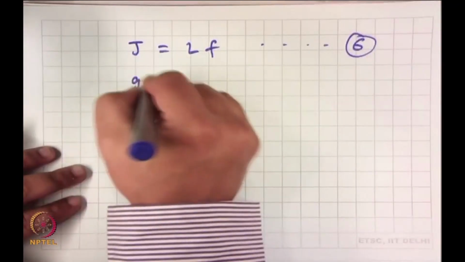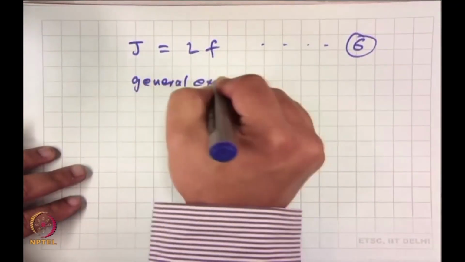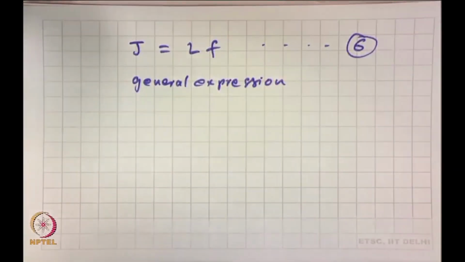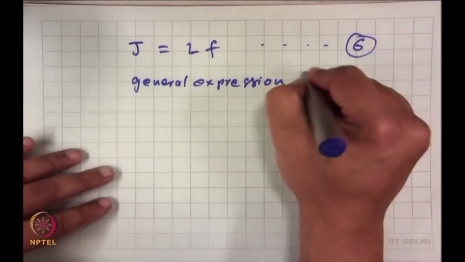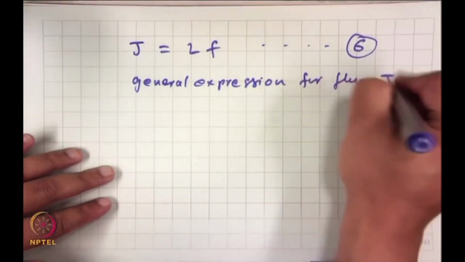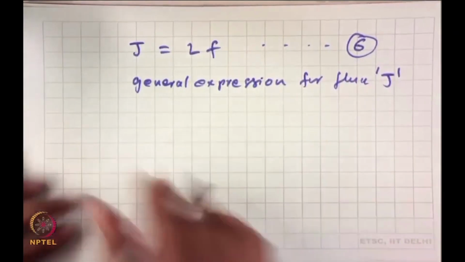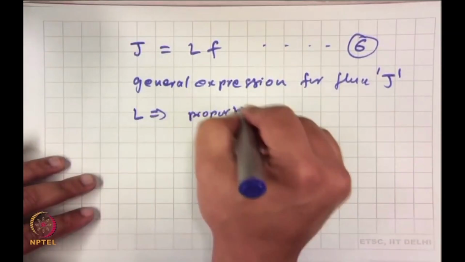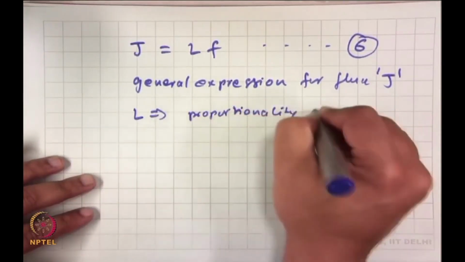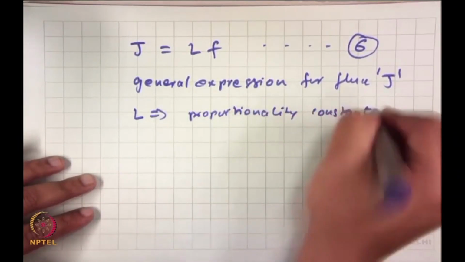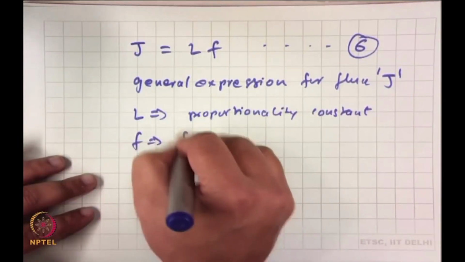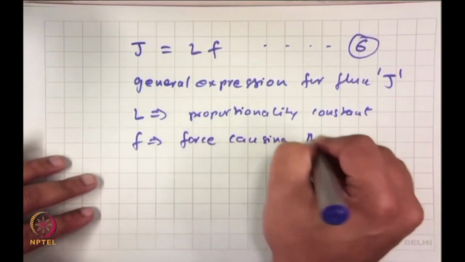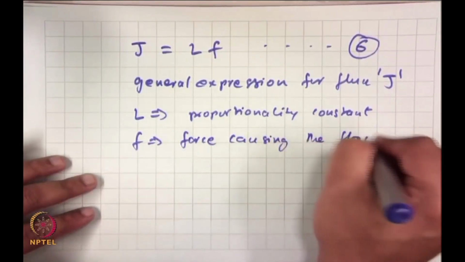So, this is a general expression for flux J, where L is your proportionality constant and F is the force causing the flow.